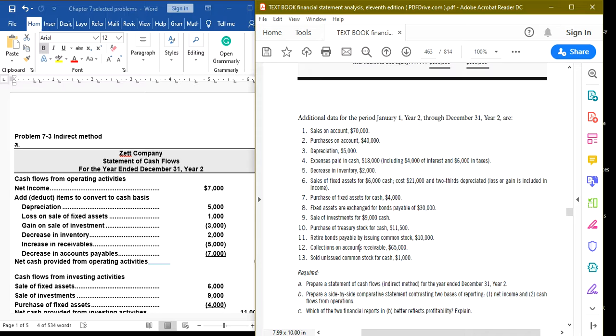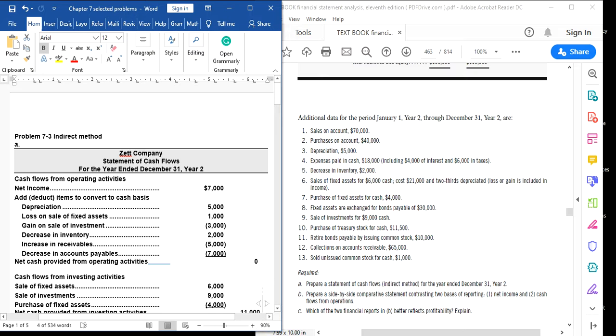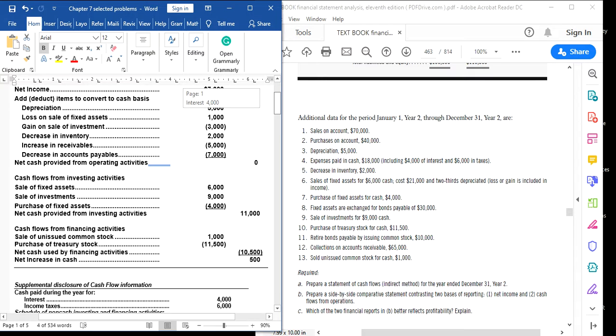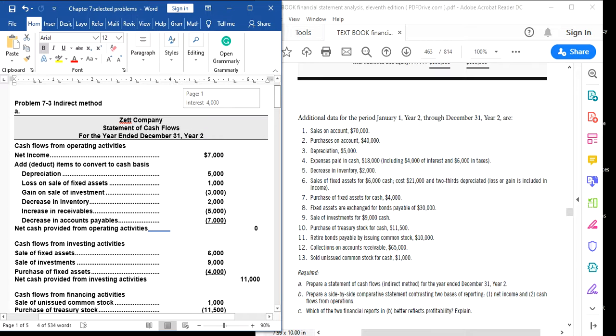Okay, so what we have here is the answer, but how these numbers have been obtained, some of them is not clear, so I'll go over them one by one and let you know how we collected these numbers from the given data. As we said, for the indirect method, we start at the top with net income.